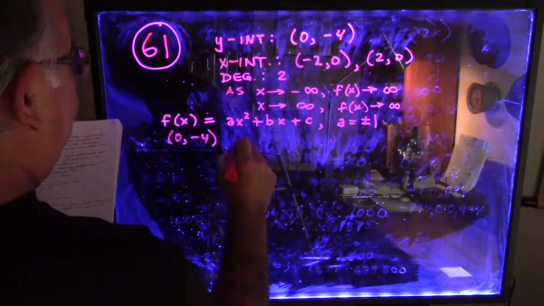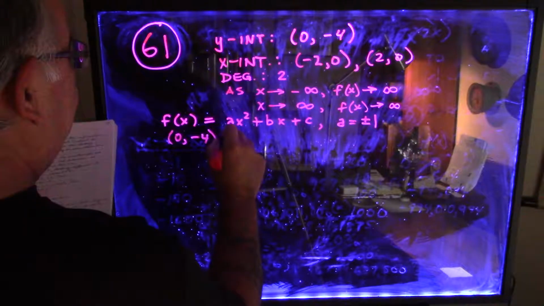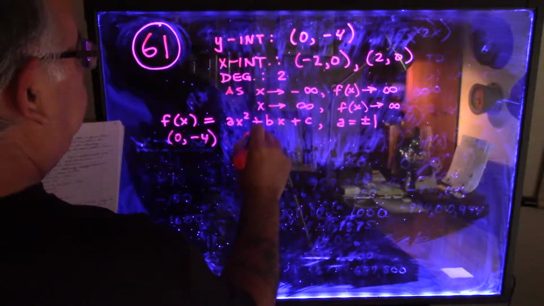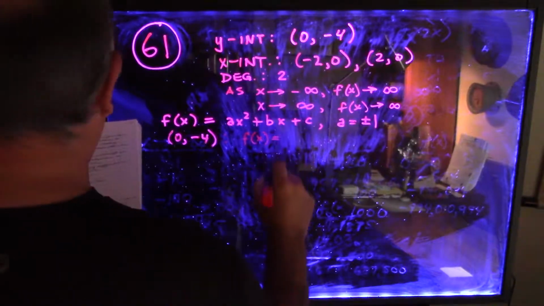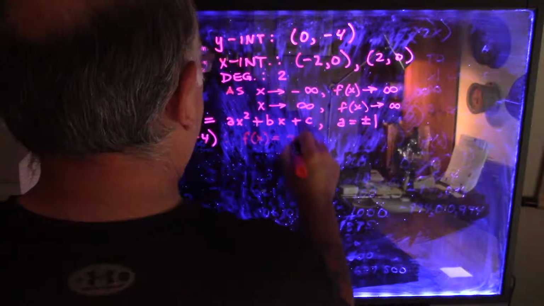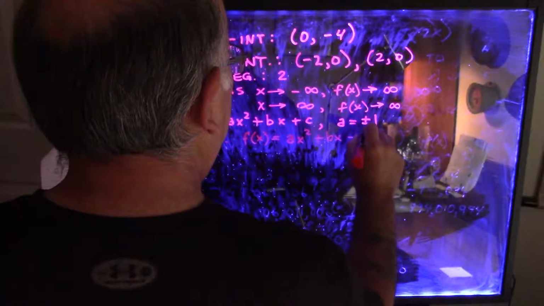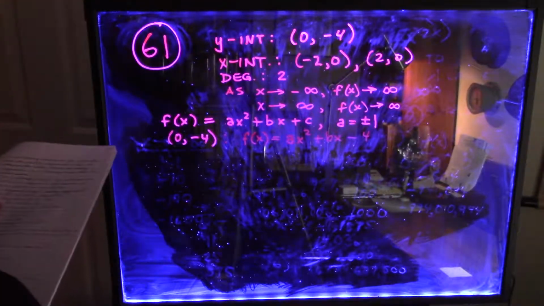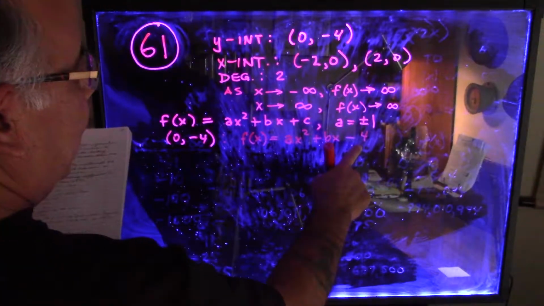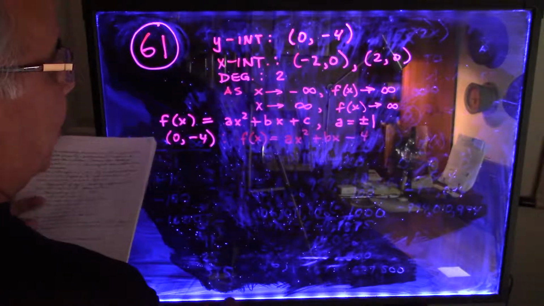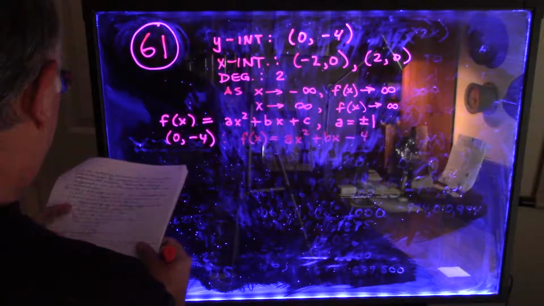Okay, so that means that f of x is ax squared plus bx minus 4. So in other words, the constant term of this quadratic function is -4.